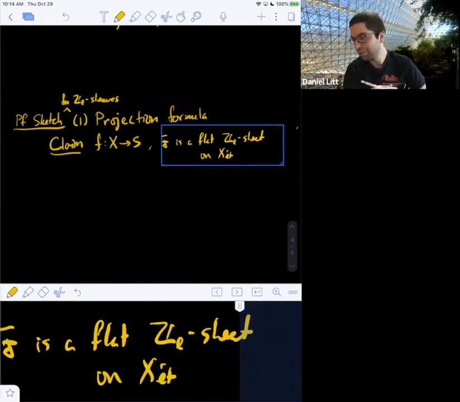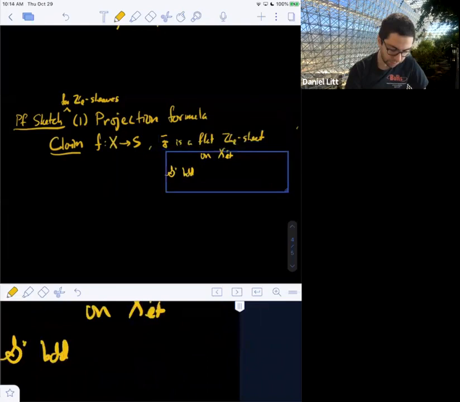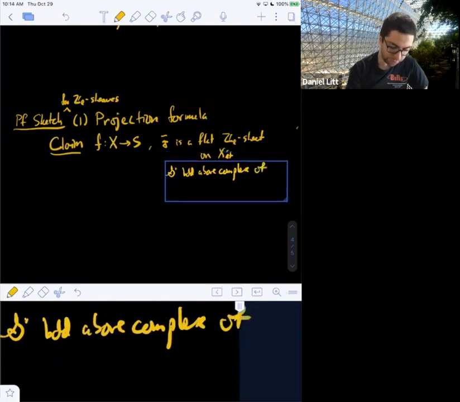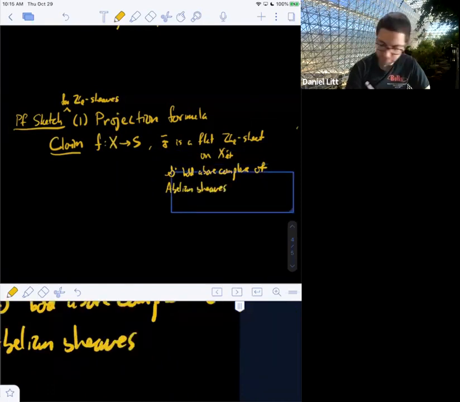It means an inverse system of such things. And G is a bounded above complex of abelian sheaves on S.